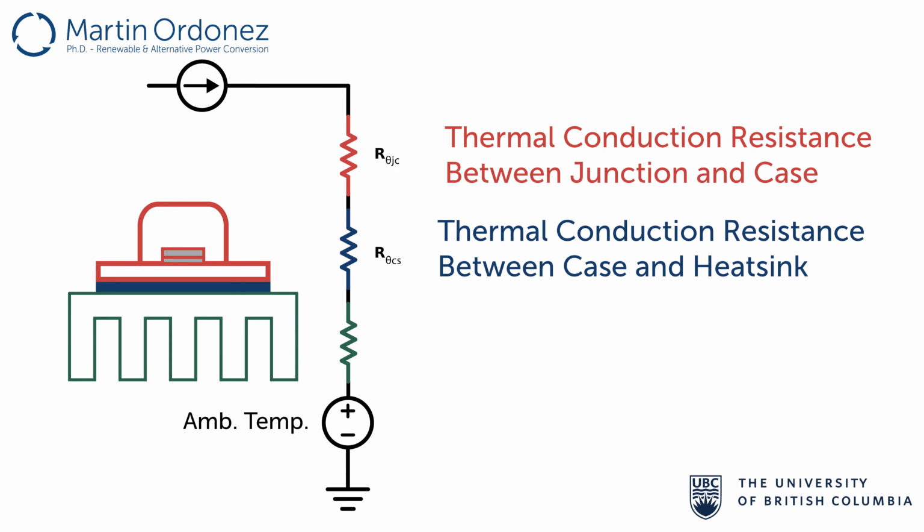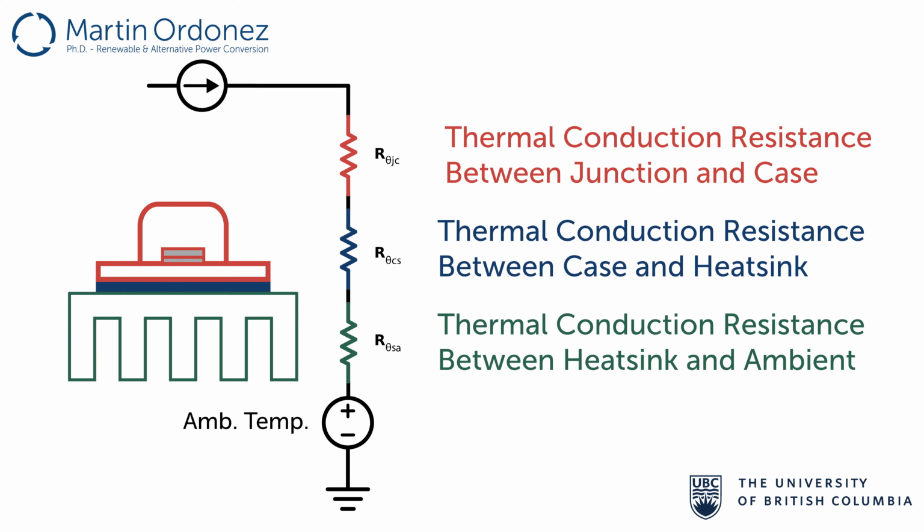The blue R theta CS represents the resistance between the case of the MOSFET and the heatsink. The green R theta SA represents the thermal resistance between the heatsink and the ambient. Because heat loss flows through all the materials, the current source represents the power losses.